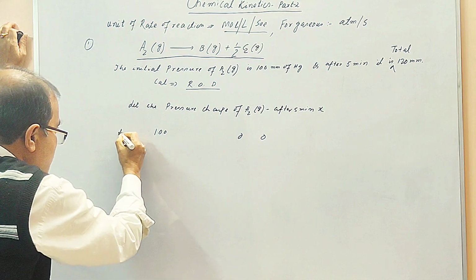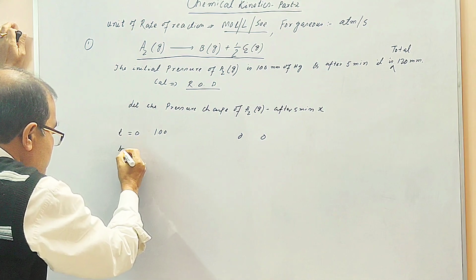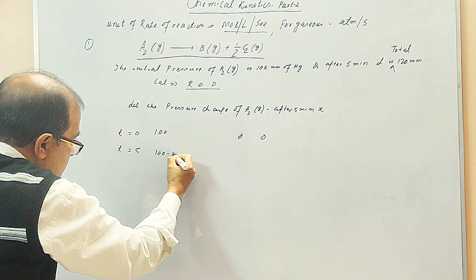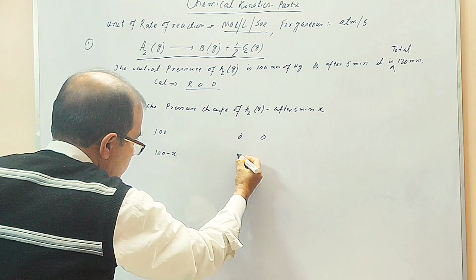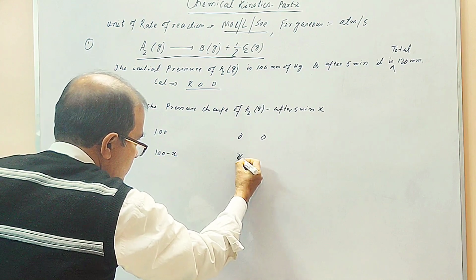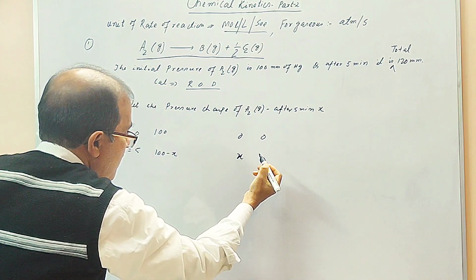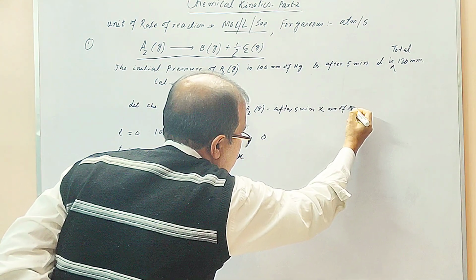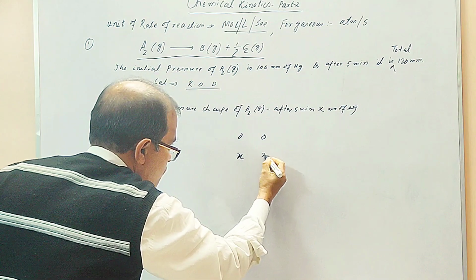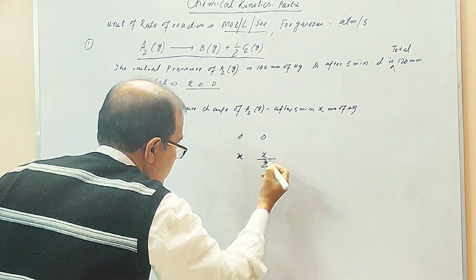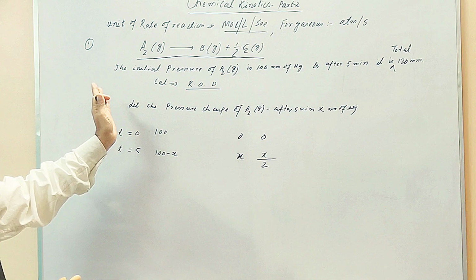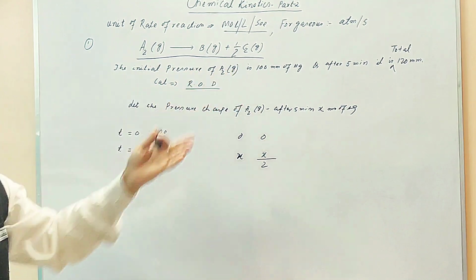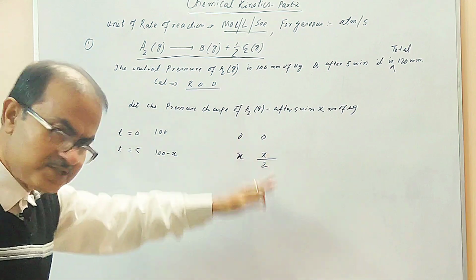So when t equals 0, it is like this; when t equals 5, you will find 100 minus X millimeter of Hg, and here also you can find X by 2 millimeter of Hg, because 1 mole will produce 1 and there is a half mole, so accordingly the pressure will be like this.